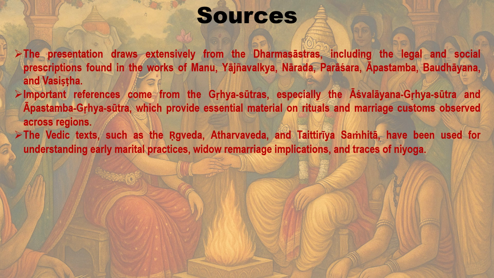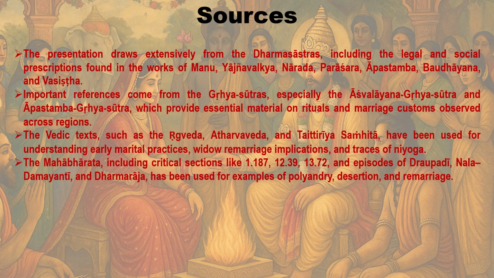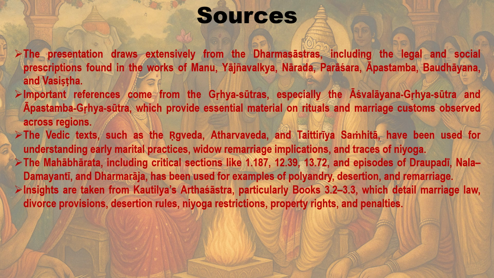The Vedic texts such as the Rig Veda, Atharva Veda, and Taittiriya Samhita have been used for understanding early marital practices, widow remarriage implications, and traces of niyoga. The Mahabharata, including episodes of Draupadi, Nala Damayanti, and Dharmaraja, has been used for examples of polyandry, desertion, and remarriage.